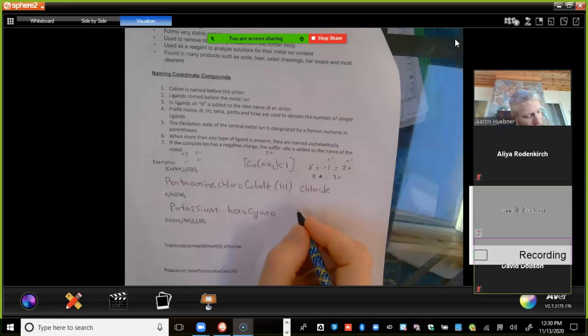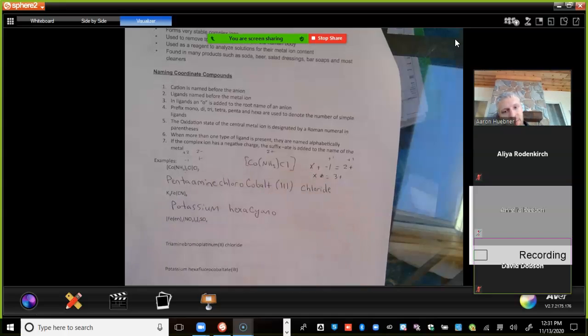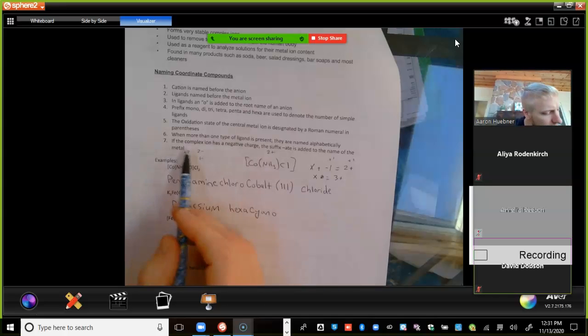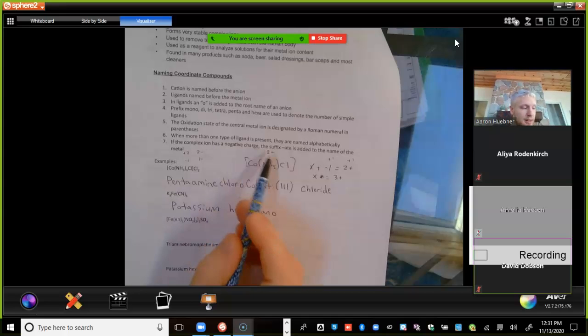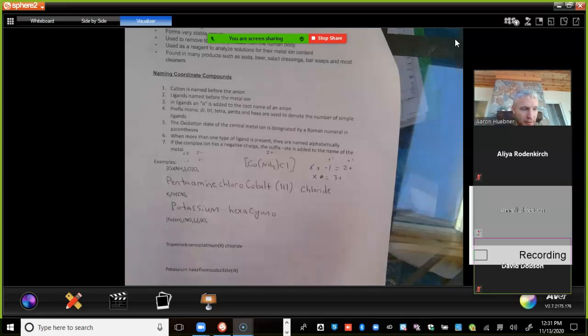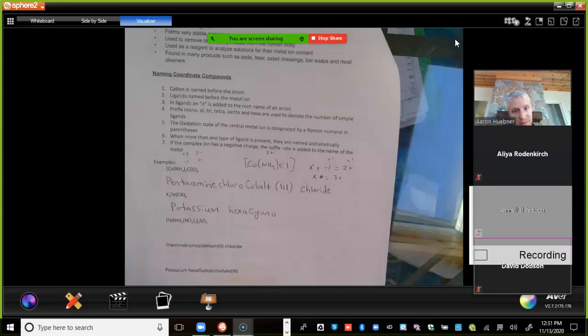And then we got to do the transition metal. But the thing about this, and I'm going to put this in the list that I give you, it's annoying, because if you have a negatively charged, wait, does it say in here? Oh, it does. If the complex ion has a negative charge, the suffix, the ending part of the word, -ate is added to the name of the metal. So this should be hexacyanoironate, right?